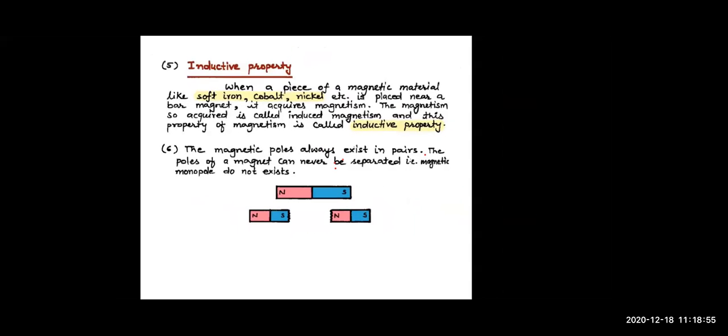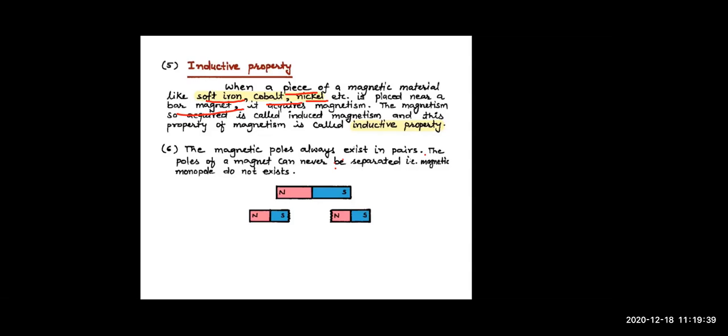Let's talk about the inductive property. The inductive property says that if you place a piece of soft iron, cobalt or nickel near a bar magnet and leave it there for some time, then when you return and see the soft iron piece, the cobalt piece or the nickel piece, which you kept very near to the bar magnet, not touching it, children, you will see that it has acquired the properties of a magnet.